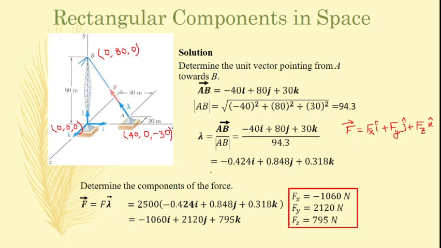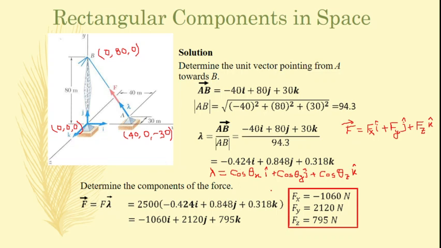Also here we can write that lambda is equal to cos theta x i plus cos theta y j plus cos theta z k.